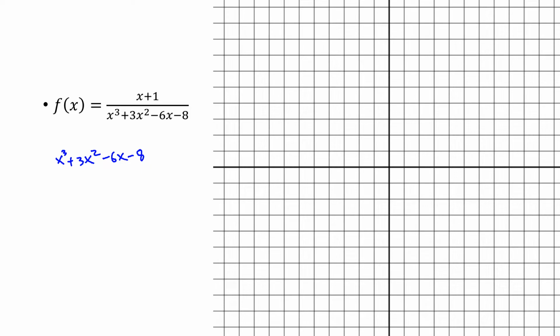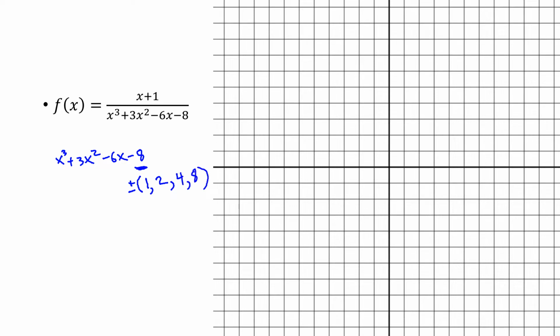So the numbers for p are going to come from the last term, our constant term, which is this 8. If we factor 8, and this is basically the rational root theorem that we're using here, 8 can have a positive 1 or a negative 1 as a factor, or a positive 2 as a factor, or a positive 4 as a factor, or a positive 8 as a factor.